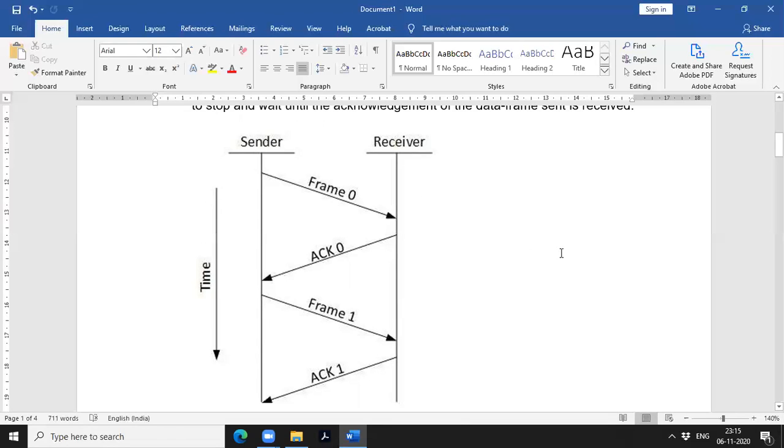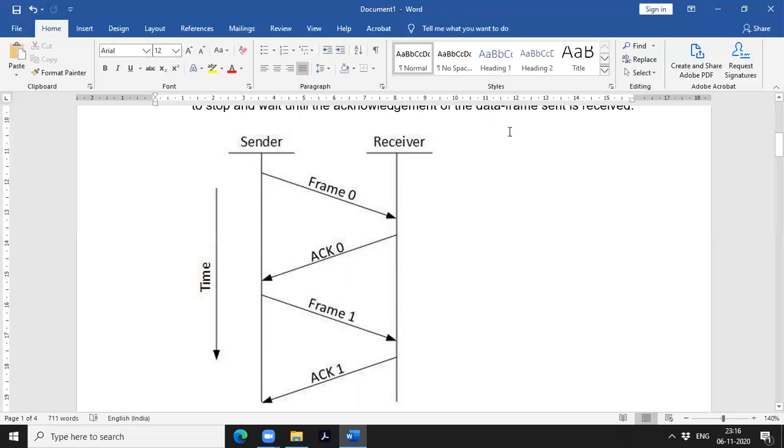So then what is the main drawback? For each and every frame the sender has to wait. The main drawback is the waiting time. The distance to travel from sender to receiver, and the same from receiver back to sender, means the sender has to wait. So the time for send and receive will be more.